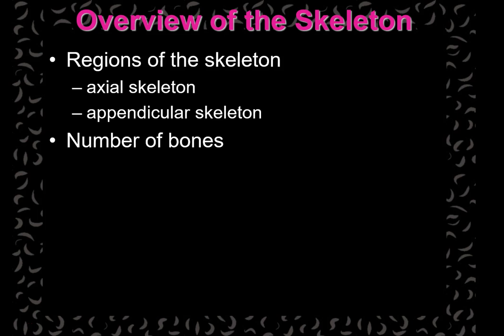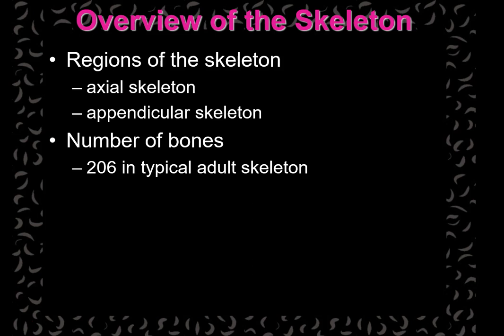How many bones do we have in a typical adult skeleton? 206, good. They always put the disclaimer in a typical adult skeleton because sometimes people have extra bones. It's not unheard of for somebody to have 6 lumbar vertebrae, okay? Or maybe they're missing a cervical vertebrae, or they've developed just an extra little bone somewhere else. So typically we learn that there's 206, but there can be more, there can be less.